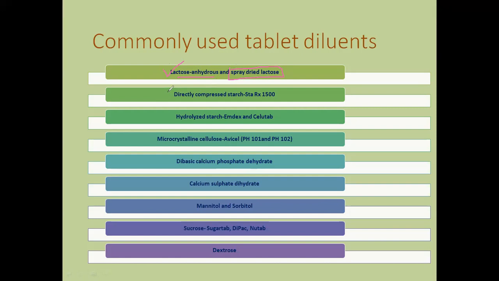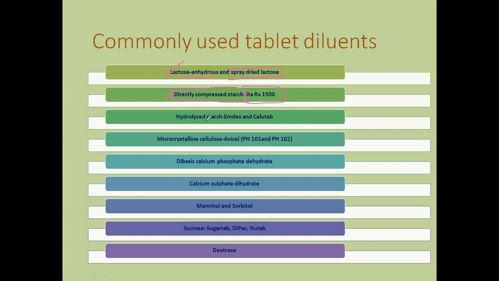Then the second example of a diluent is directly compressed starch, which is known by the brand name Starch 1500. So this Starch 1500 is a directly compressible starch which can be used in tablets prepared by the direct compression method.